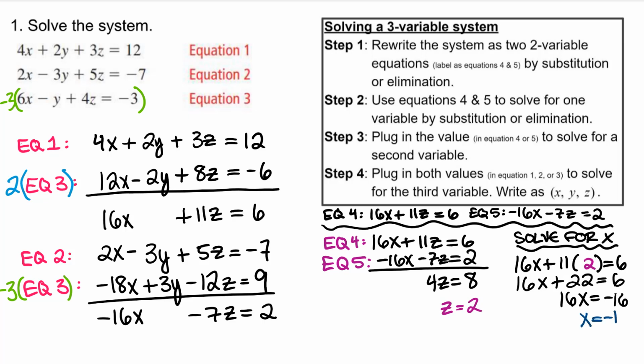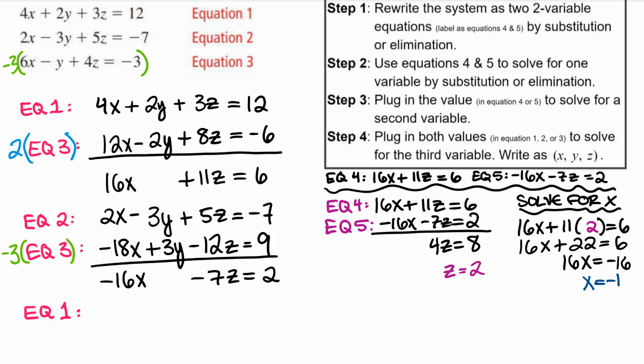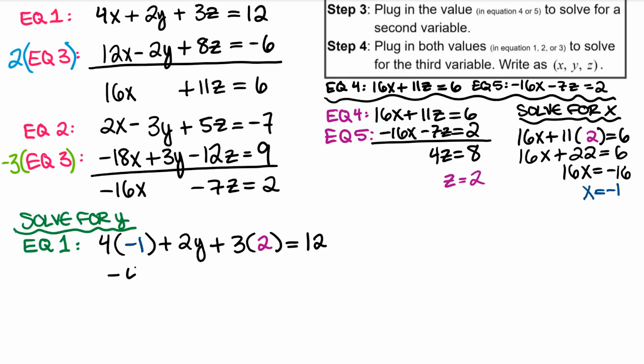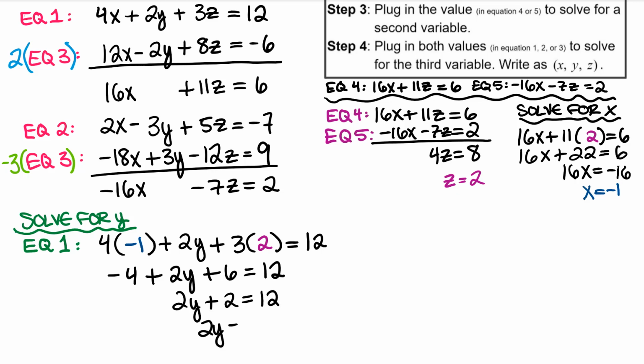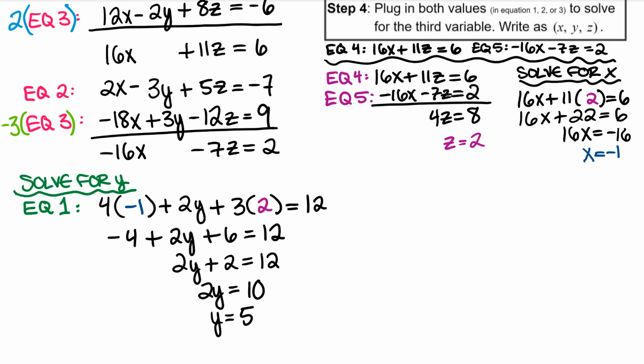Now that we have values for both z and x, plug those into any of the original 3 equations in order to solve for y. Now that we've solved for all 3 variables, we have our ordered triple. This is in the order x, y, z.